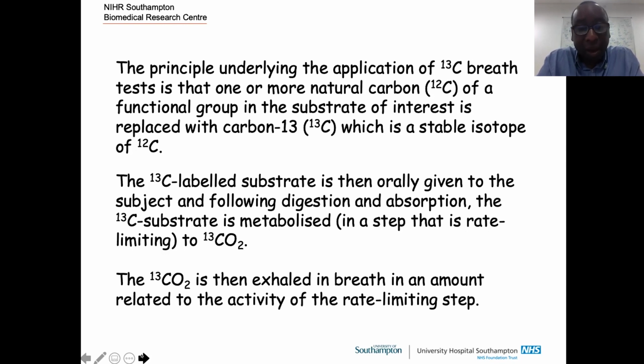And this 13C labeled substrate is then given orally to the subject, and following the digestion and absorption of this 13C label, the 13C substrate is then metabolized in a rate-limiting step to 13CO2. This 13CO2 is then exhaled on breath in an amount that's related to the activity of the rate-limiting step that is taking place.